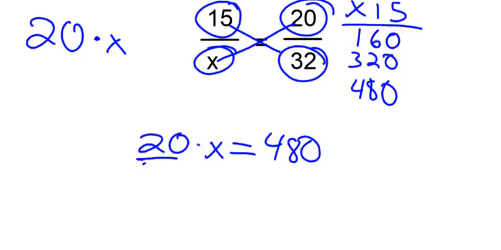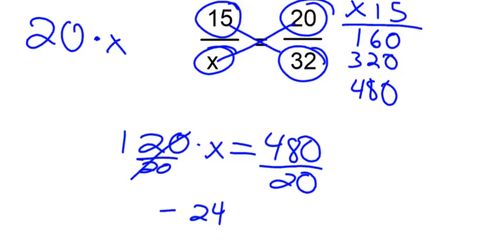I'm going to eliminate the 20 on this side, which makes it a 1, and then divide by 20 on this side. 480 divided by 20 gives me an answer of 24. So x equals 24. And so we can see this process helps us when there isn't a direct relationship like that.